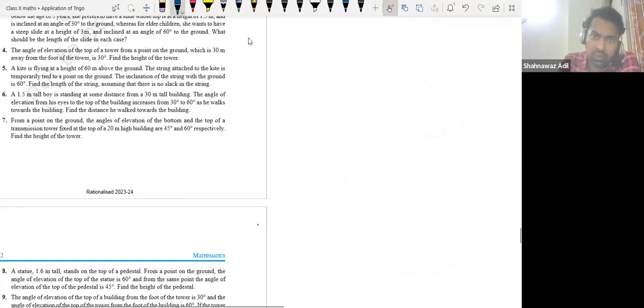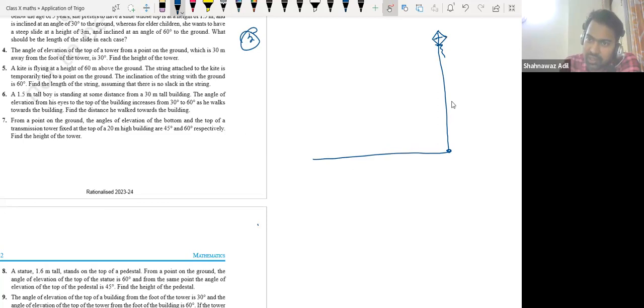Okay, this is the question. A kite is flying at a height of 60 meters above the ground. So we have the kite, which is flying, and this is the ground, 60 meters from the ground. The string attached to the kite is temporarily tied to a point on the ground.